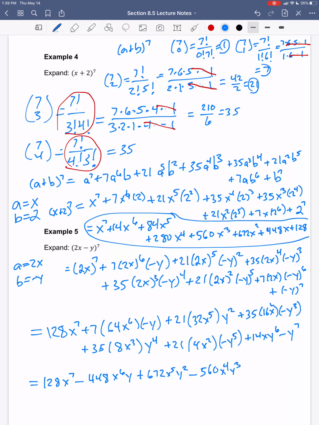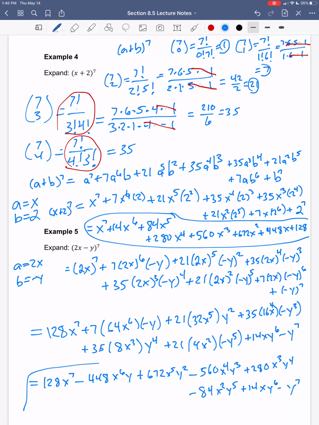I left off my x to the 4th there. Now 35 times 8. And that's going to be positive, so that's 280. 21 times 4, negative, so negative 84. X squared y to the 5th, plus 14x y to the 6th, minus y to the 7th.